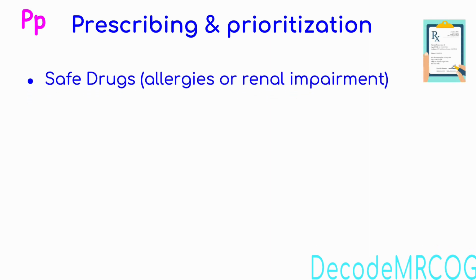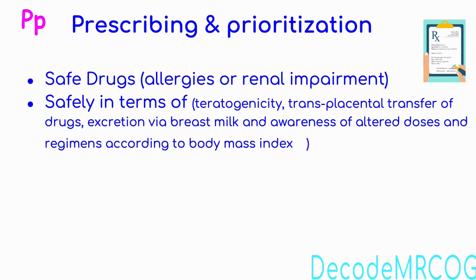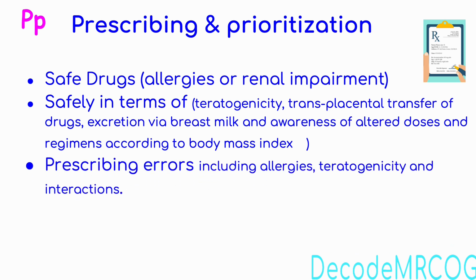P. Prescription and prioritization. These are the two important pieces. While prioritizing, safe drugs in case of allergies, renal impairment, safety in terms of teratogenicity, transplacental transfer of drugs, excretion via breast milk, awareness of altered doses in cases of body mass index and renal failure.